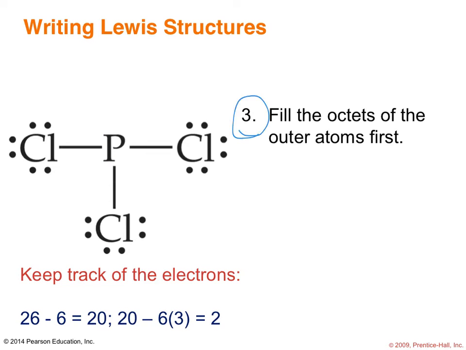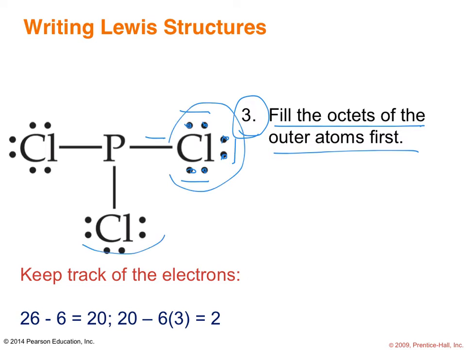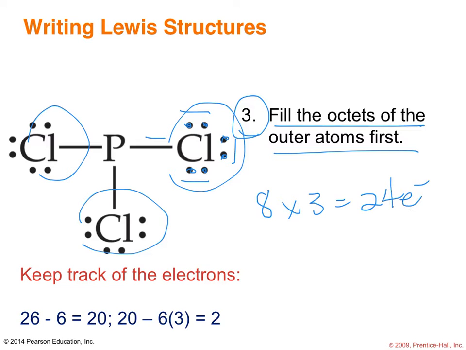Step 3 is to give octets to the outer atoms. You can see with these dots, I gave each of the outer atoms an octet. That's 2, 4, 6, 8. So each chlorine atom has 8 electrons. So far, I have placed 24 electrons in this Lewis dot structure. I have to place 26, so I have 2 more electrons I need to place.